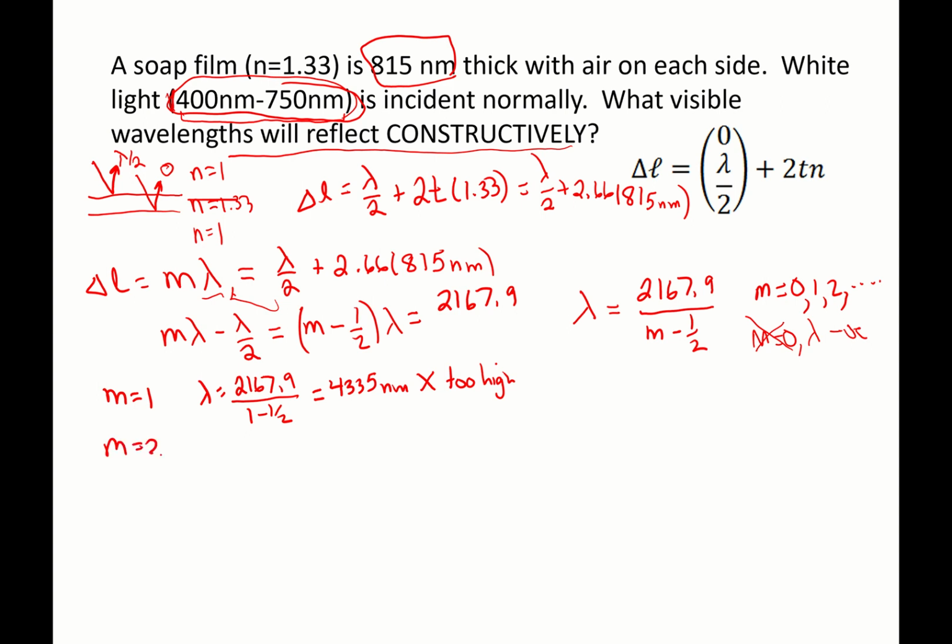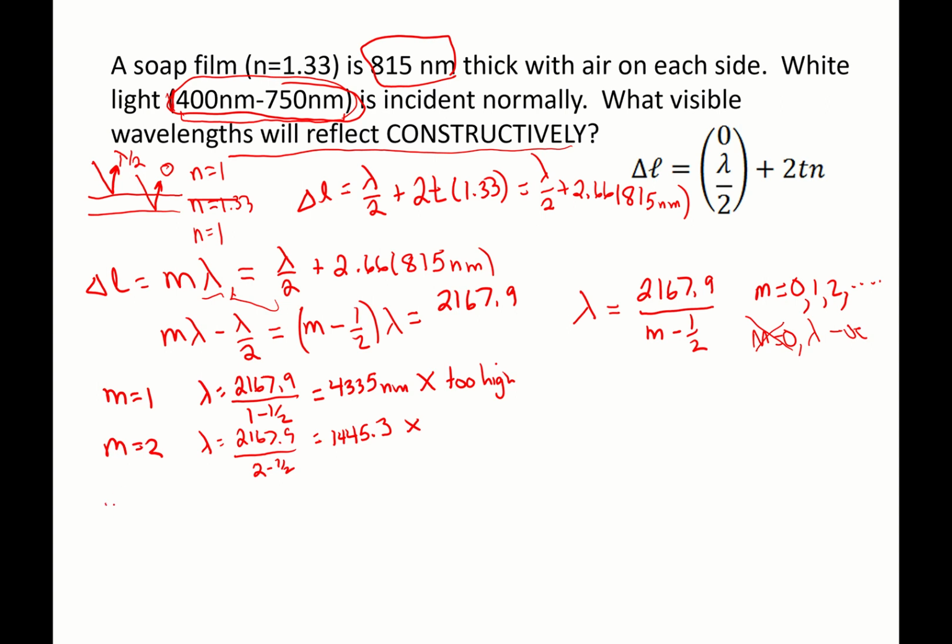All right, m equals 2. If I put in m equals 2, then I'm going to get 2167.9 over 2 minus 1/2. And that gives me 1445.3 nanometers. That's also still too high.